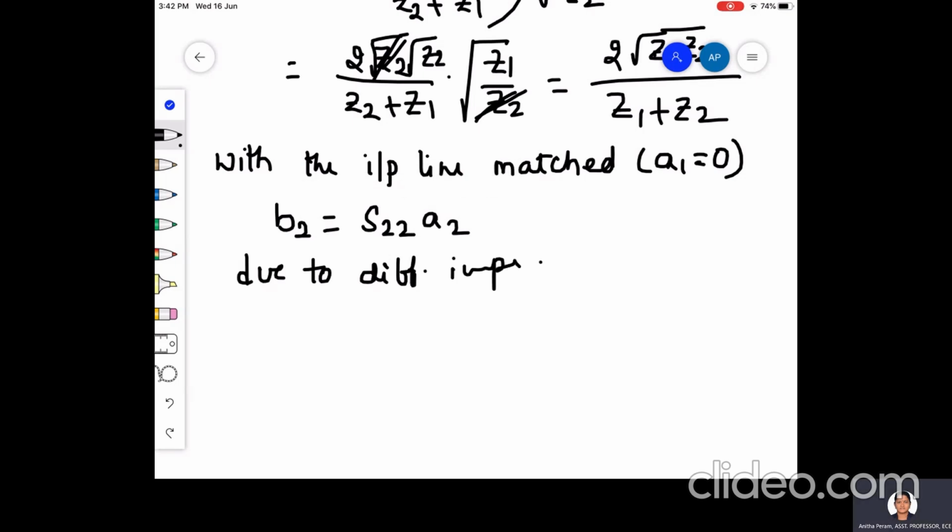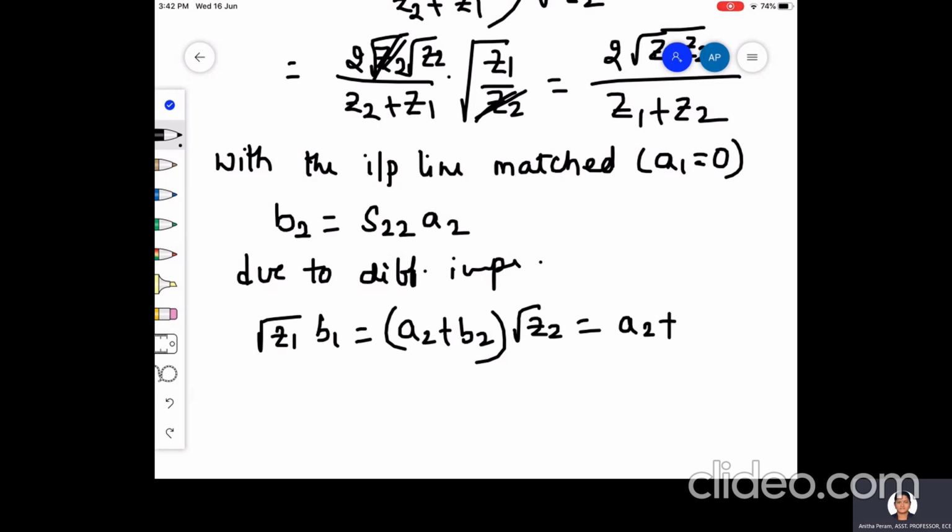At port 1 and 2, you can write square root of Z1 B1 equals A2 plus B2 into square root of Z2. Now you substitute the above thing in this equation, which gives you A2 plus B2 is nothing but S22 A2, multiplied with square root of Z2.